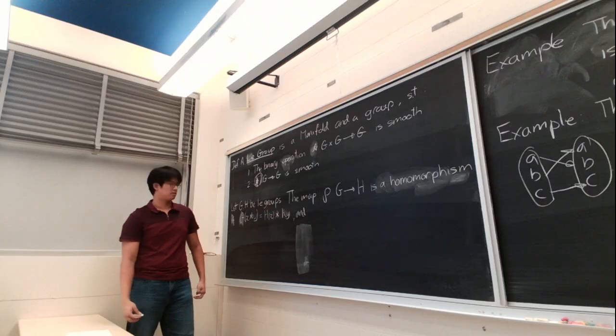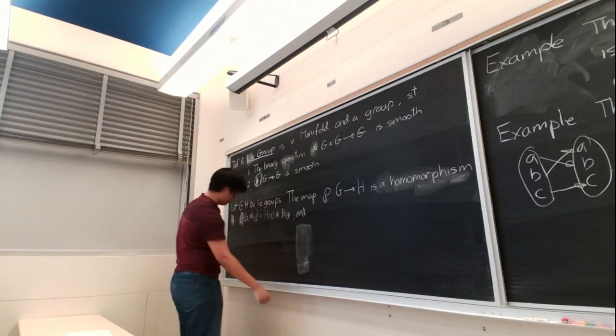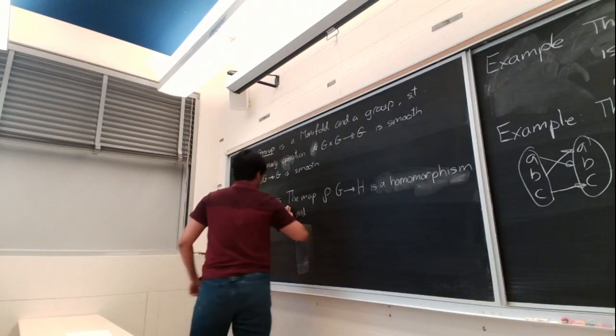H of X? What is your map? Rho. Okay. No, wait. So everywhere instead of G and H, you should go rho.